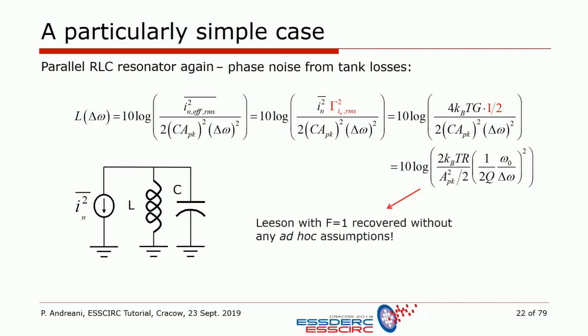So basically, we recover Leeson with a noise factor of 1 in this case, because we haven't considered anything from the active part. But the nice thing now is that we don't have to say anything about half of the noise going into amplitude and half going into phase.